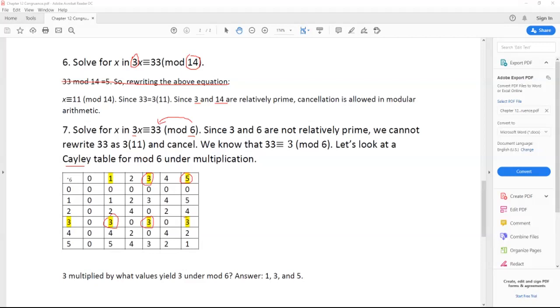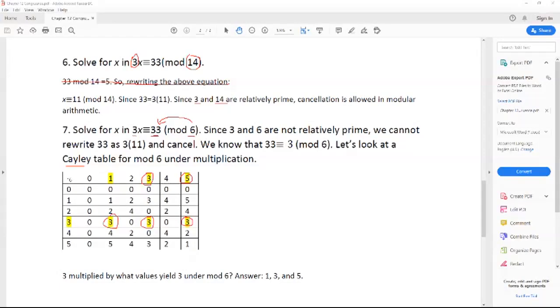And you may be thinking, well, am I not looking for 33 when I multiply 3 times another integer in modulo 6? The answer is yes and no, in a way. To fill out the Cayley table, I need to realize that 33 is equal to 3 in mod 6 because 6 goes into 33 5 times with 3 as the remainder.